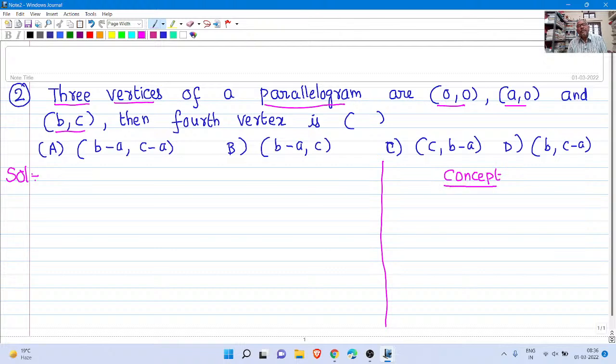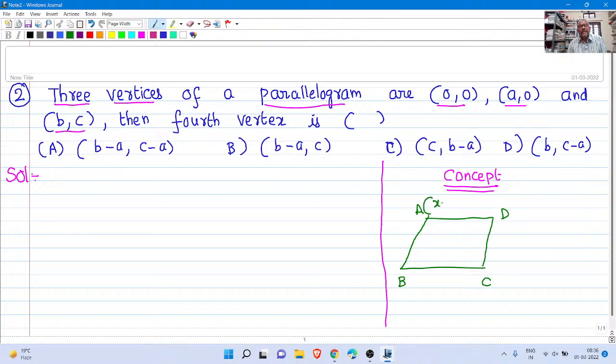Let me explain the concept. If the three vertices of a parallelogram or rectangle or rhombus or square are given, then how to find out the fourth vertex? So my dear students, you remember, for example, it's a parallelogram A, B, C, D. The fourth vertex we need to find out.